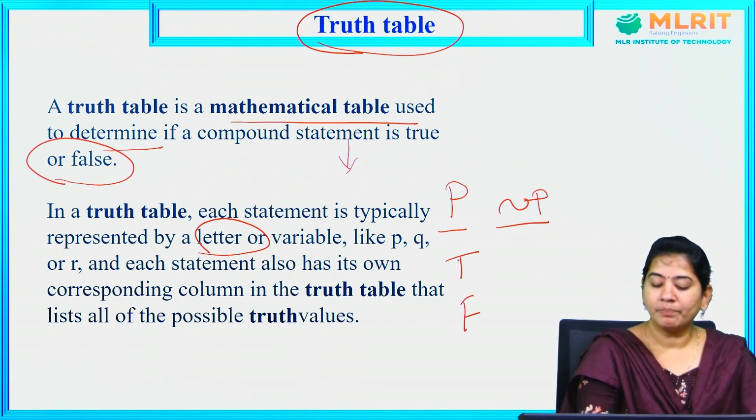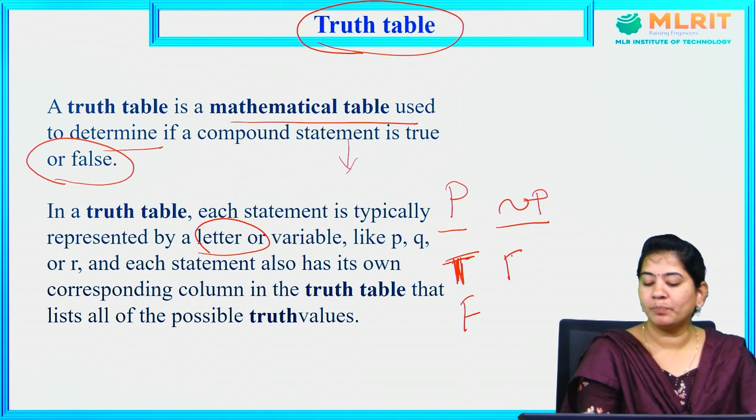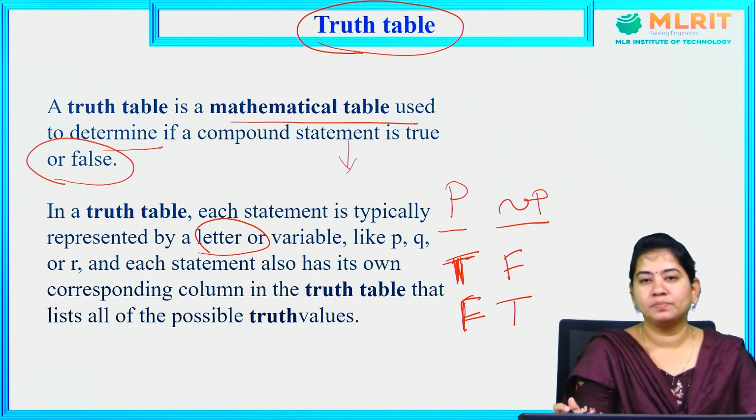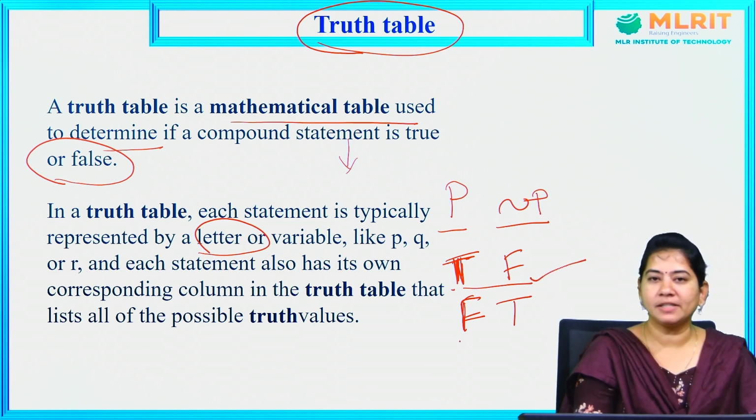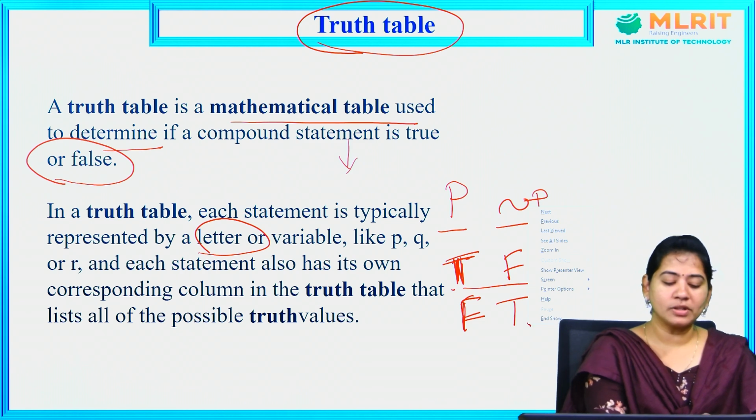So if the P statement is true, the negation will become false. If the P statement is false, the negation P will become true. That is nothing but vice versa. If the P statement is true, the negation of this P statement will become false. If the P statement is false, the negation of the statement will become true. So that is what we have here.